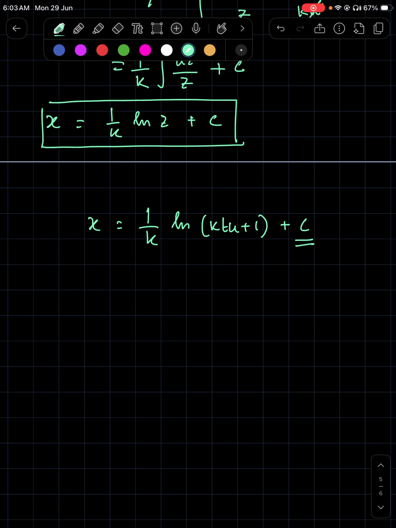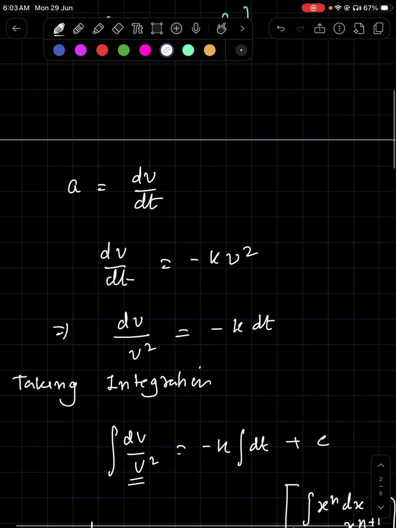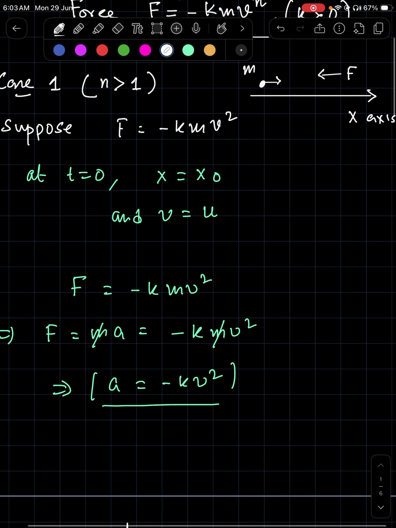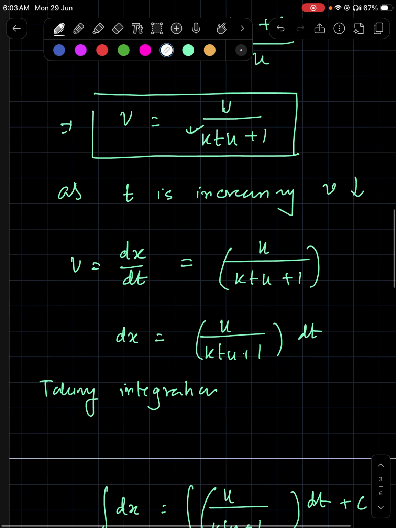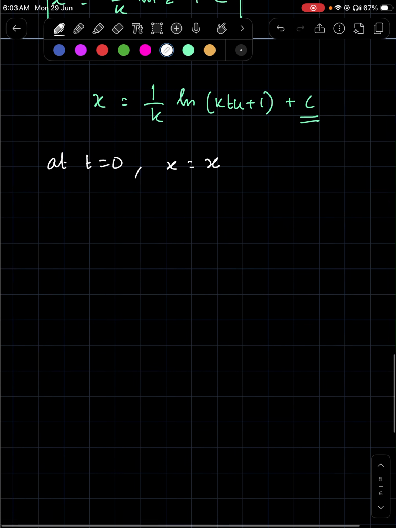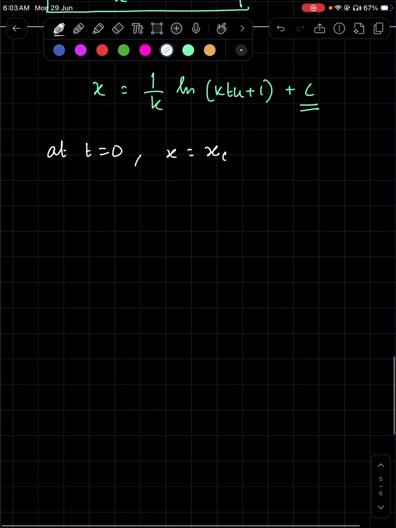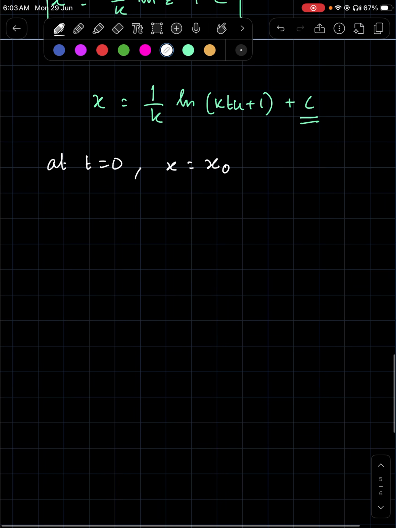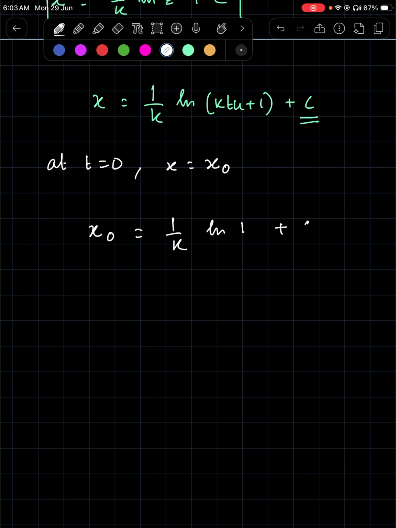Our last task is to find the integration constant, by putting in the initial conditions. At t equal to 0, x is x naught. So in the place of x I put x naught, 1 by k ln 1 plus c.